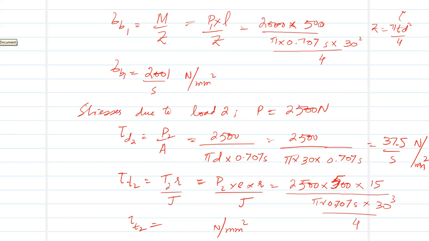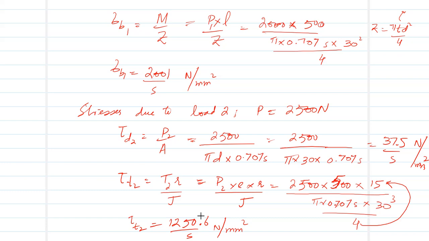In case of bending moment, yes, we have the additional arm, but not in the case of torsional shear stress. So 2500 into 500 into 15 into 4, this 4 comes in the numerator, divided by pi into 0.707 into 30 power 3. That is 1250.6 divided by S. This is the actual value.